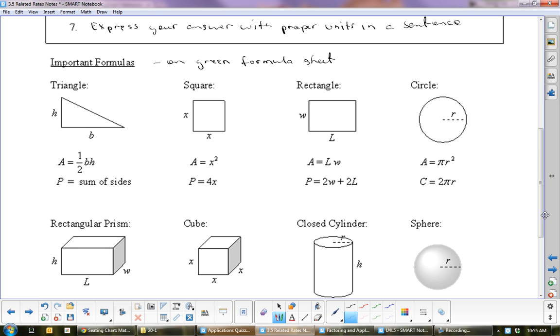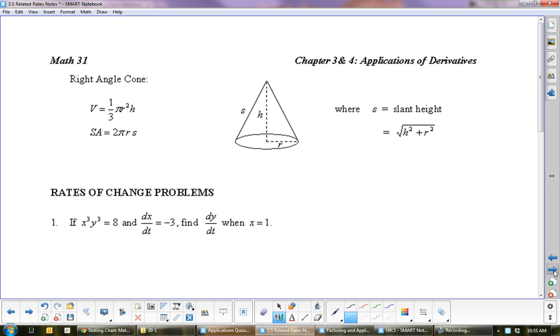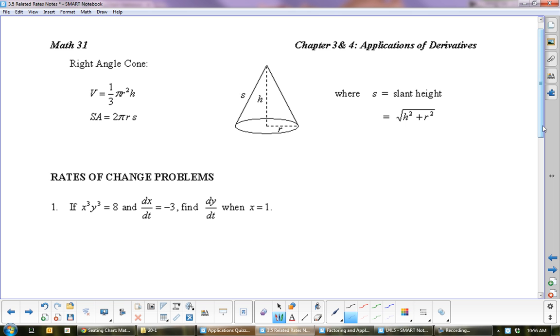Now, if you look even on the next page, we've got the good old cone. Okay, so you got your slant height formulas, your volume formula, surface area formula. Okay, so we're going to start off with a nice easy one, very few words, and I'm going to go really slow, and anytime I lose you, just put up your hand, okay?